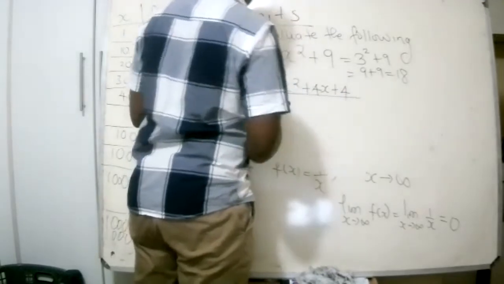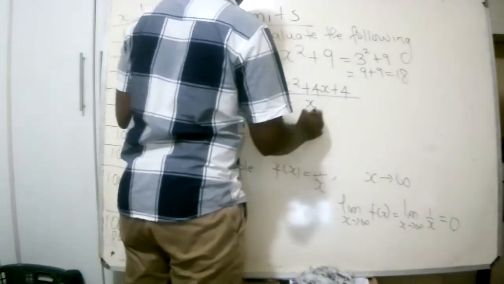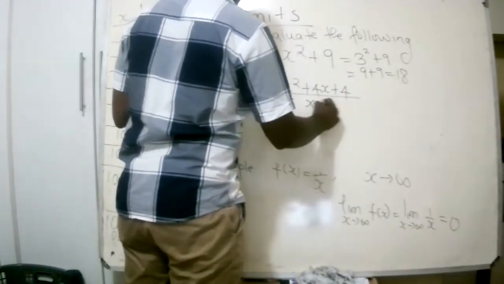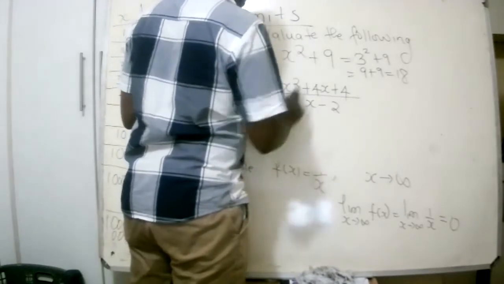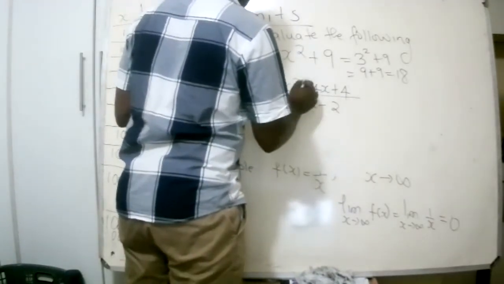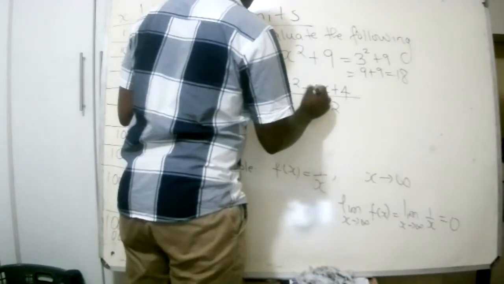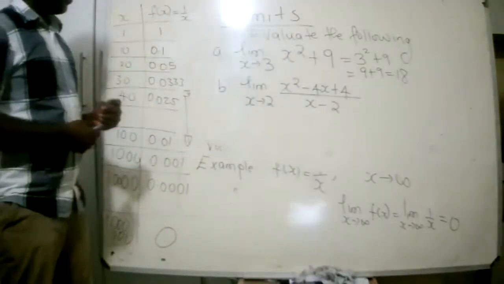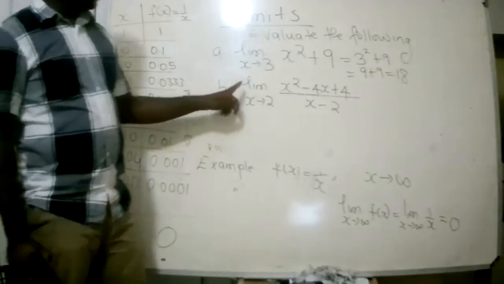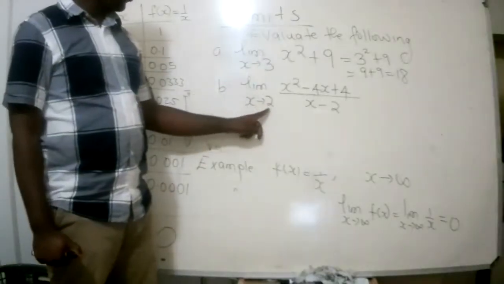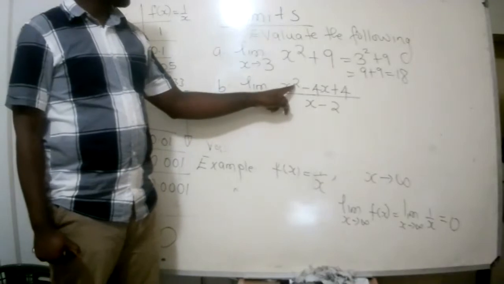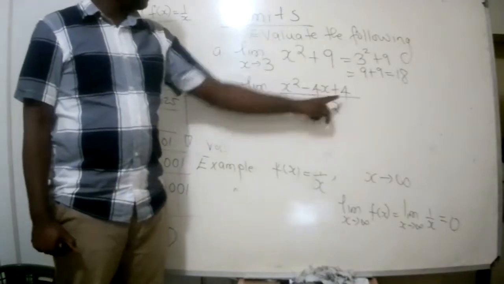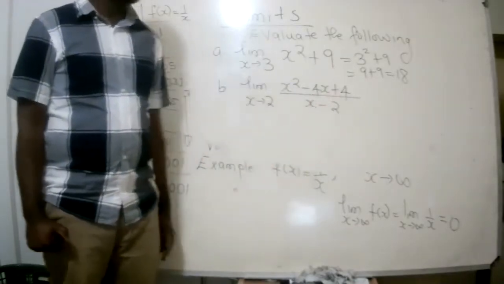And then all this divided by x minus 2, or we have a negative here. So this is the question we have on the board. So limit when x approaching 2 of f of x, squared minus 4x plus 4 divided by x minus 2.